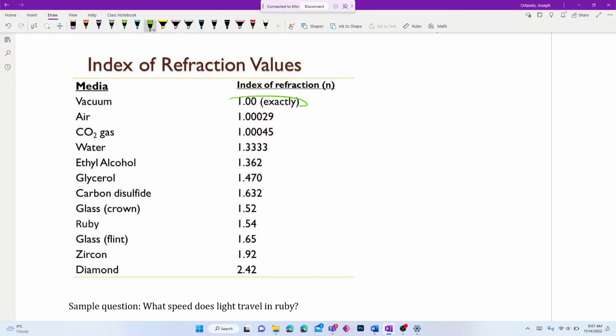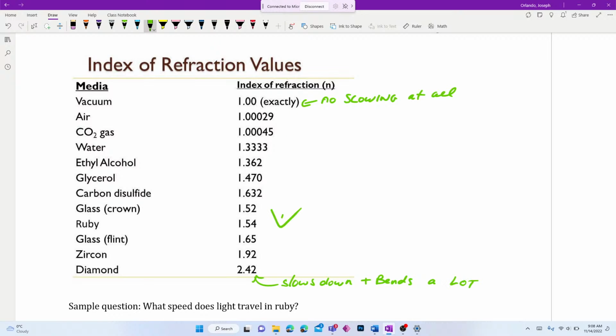In a vacuum, light has an index of exactly 1, which means in a vacuum, light doesn't slow down at all. On the other hand, in diamond, light slows down and bends a lot.